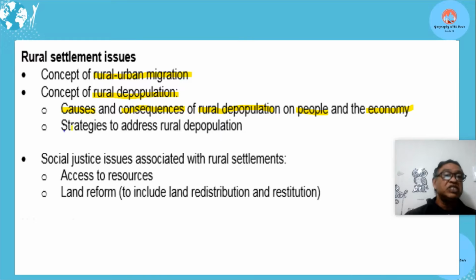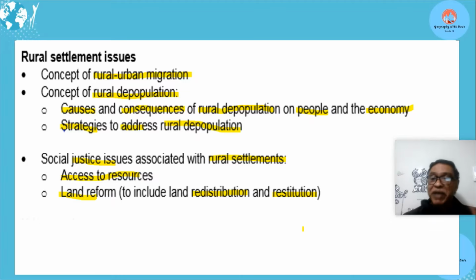We'll also look at strategies to address rural depopulation. We'll then look at social justice issues associated with rural settlements, like access to resources and land reform. Here we will look at issues such as redistribution and restitution.